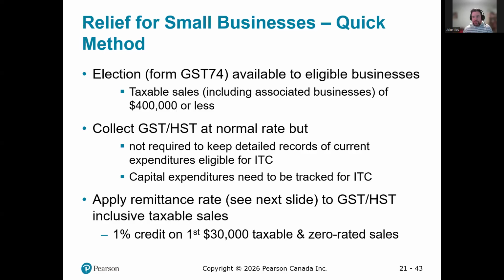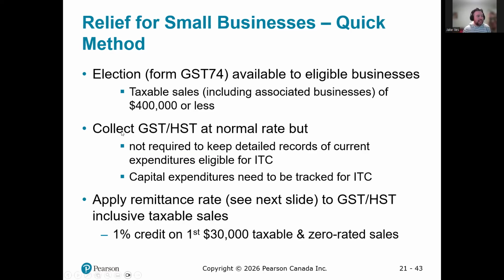The quick method is a method of calculating your HST remittance, but it's only for businesses whose total taxable sales within 4 quarters is less than $400,000. So $400,000 as far as revenues go is still considered to be a fairly small business amount.